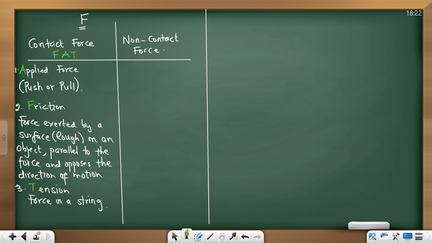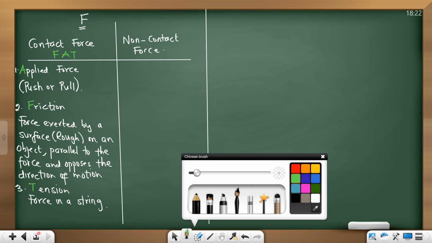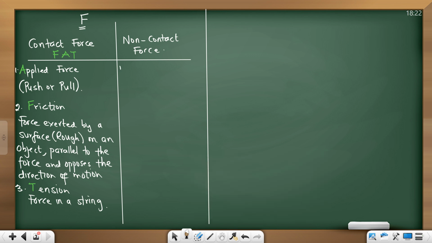Give me examples of non-contact. We said there are 5 forces, remember? Any other force? Gravitational force. Now, do you think gravitational force is a contact force? No. If you jump up, are you in contact with the earth? No. But it pulls you down, right? Lovely. So that would go under my non-contact. So gravitational force.